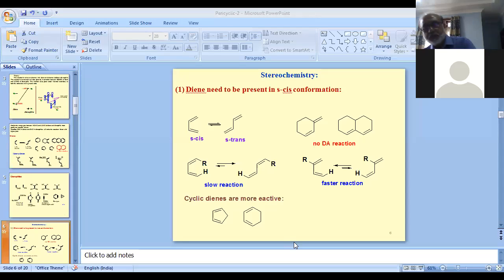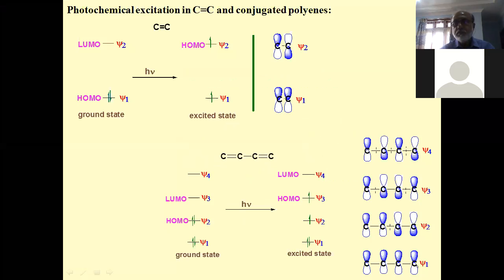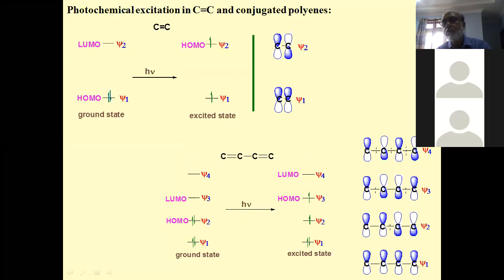I think we are here. So let us see here. Psi3 is antisymmetric, psi2 is symmetric.